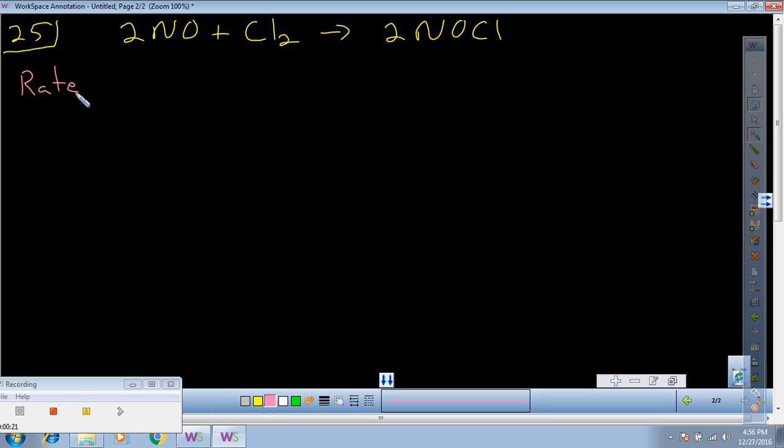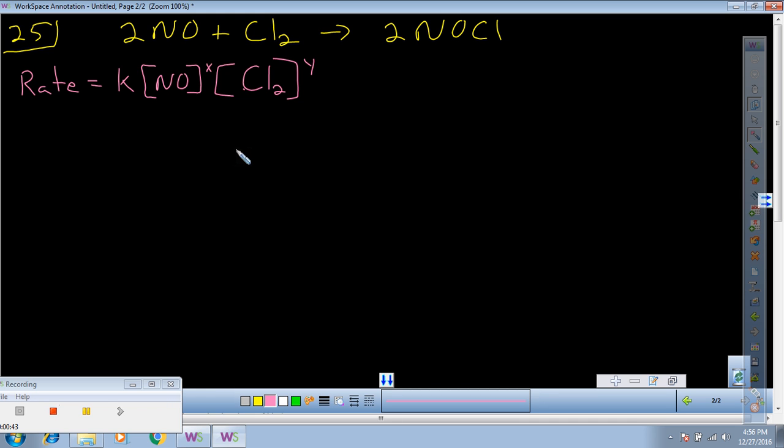When I do a rate law, I have a constant, I have a concentration of my reactants to some order, let's use X, and I have some chlorine to some order, let's use Y. My products I don't need to include in the rate law for this one.